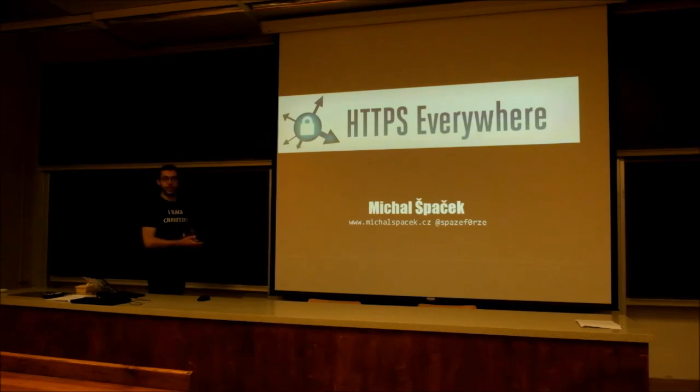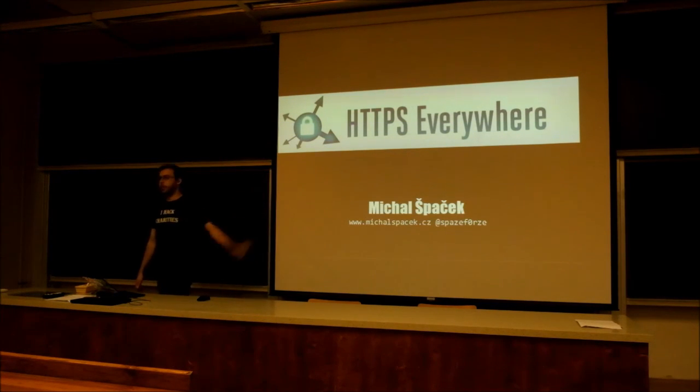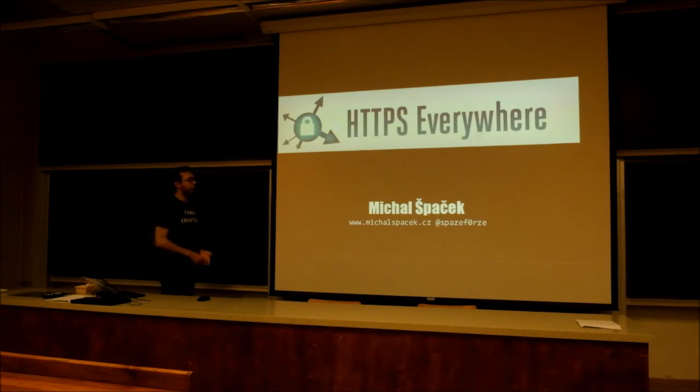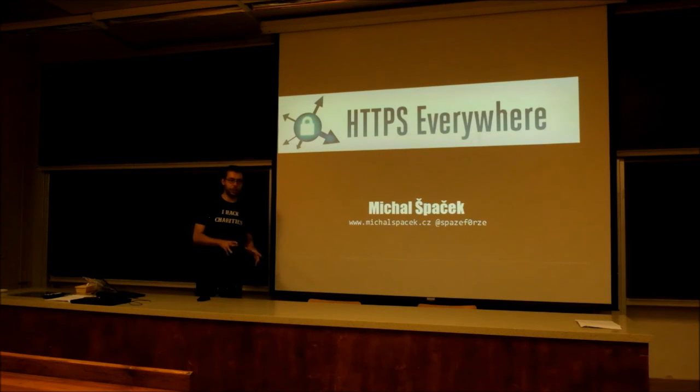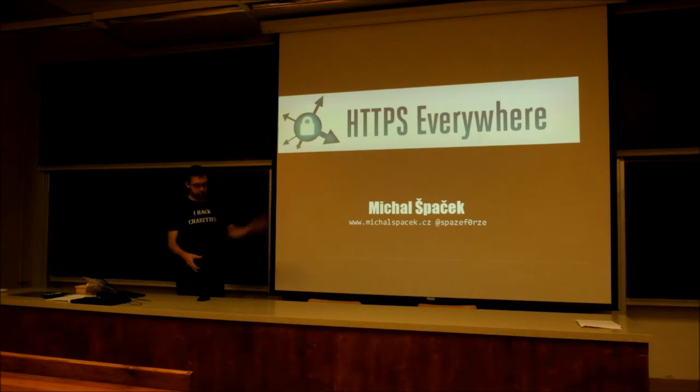So if you are that lazy, you can still use this extension. It's called HTTPS Everywhere. It's from EFF, the Electronic Frontier Foundation, and this is like a local HSTS for the user. This extension also has a list of websites that are running on HTTPS only. If you go to a website which is in the list of this extension, it will load over HTTPS automatically, immediately.